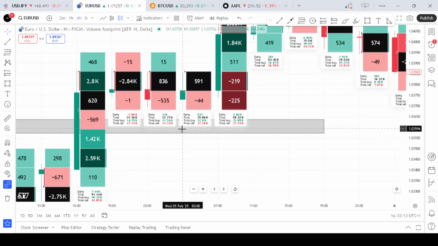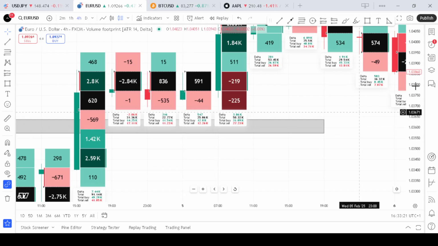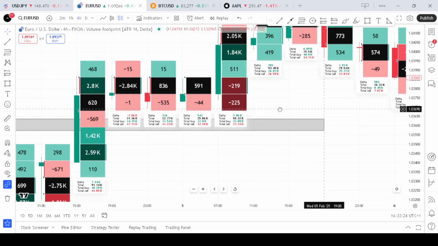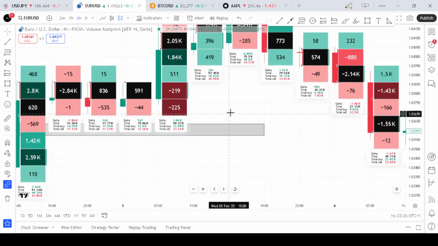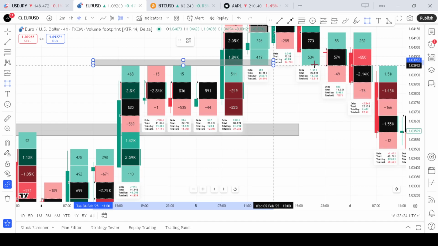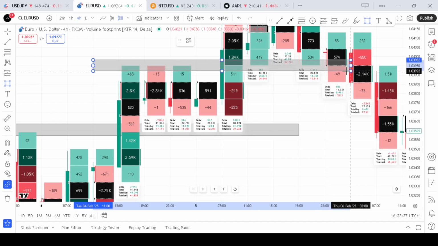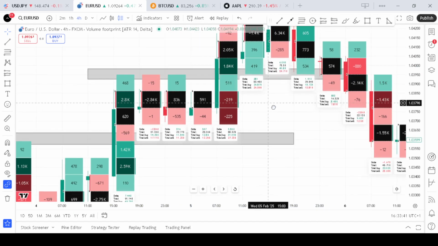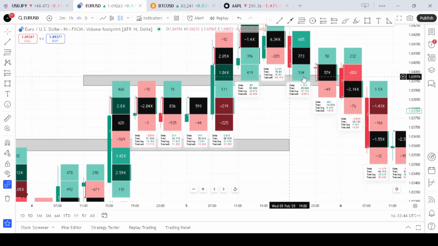Then be conscious of price movements that aren't supported by volume. If you see price moving up but delta remains negative, as you can see in this area, this is a support area. On my chart, this is a resistance area. We are expecting that this area would be a place of support for price to get to and reverse.